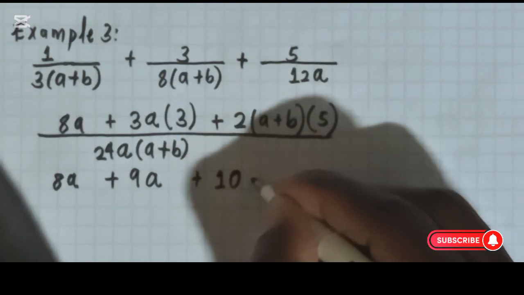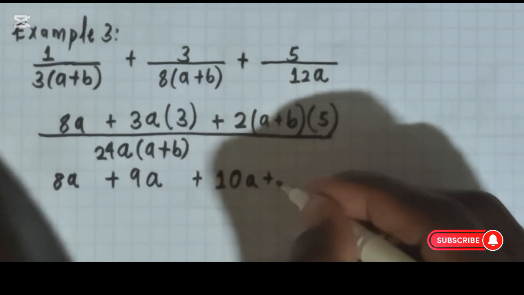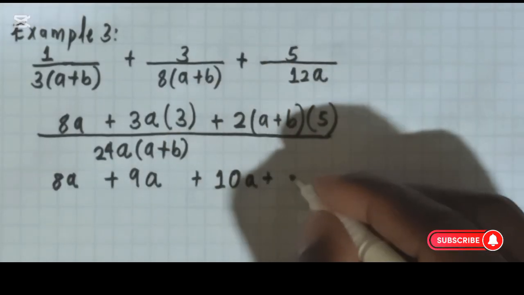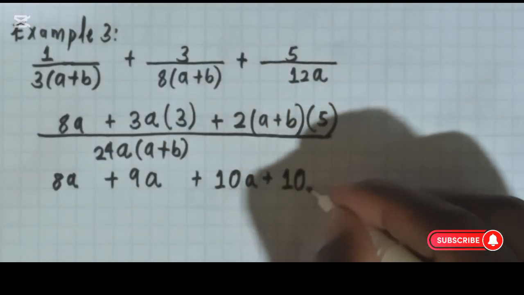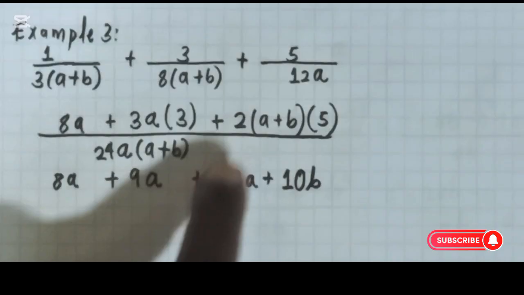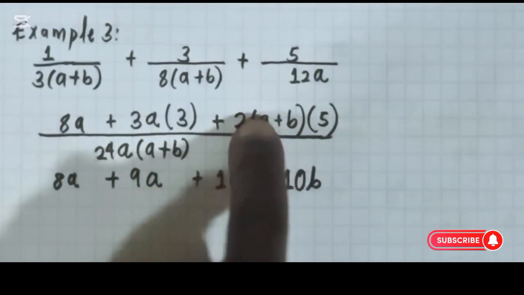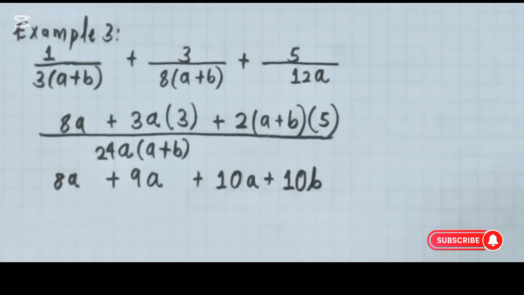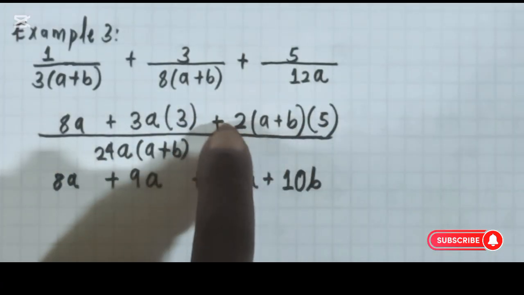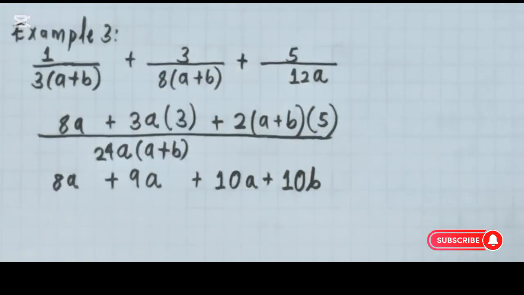plus 10 into b, giving us 10b. So it's basically 2 times 5 giving us 10, then we multiply 10 by all the terms within the bracket. That's going to give us 10a and 10b.